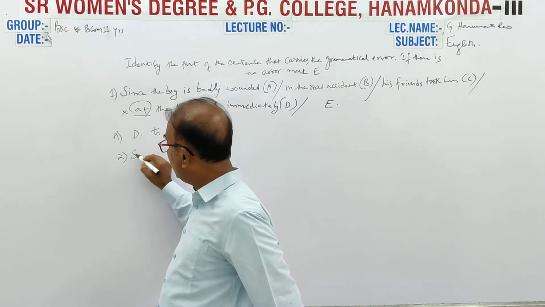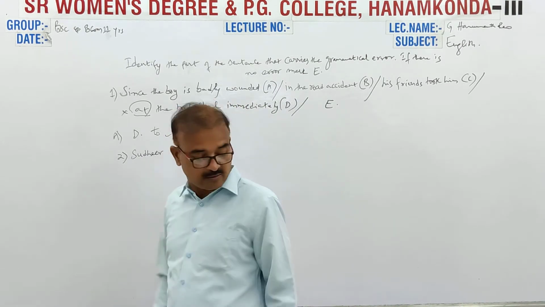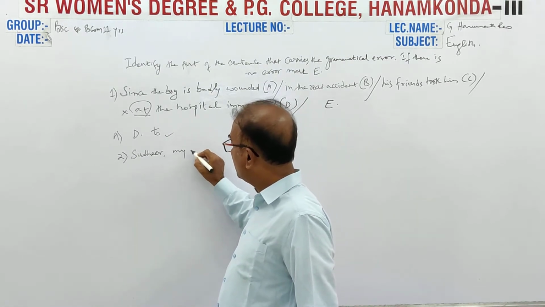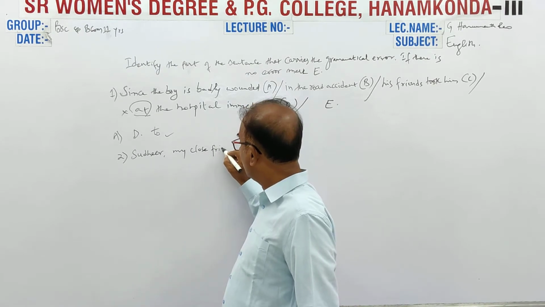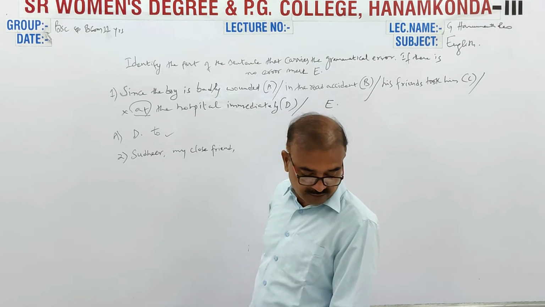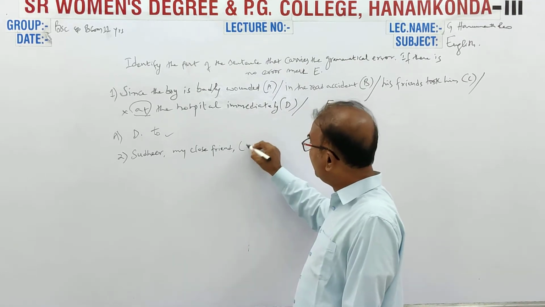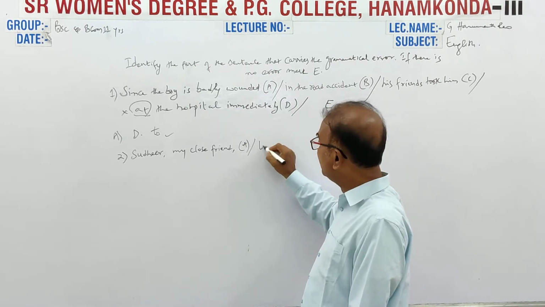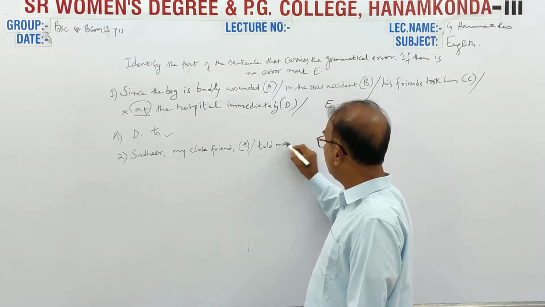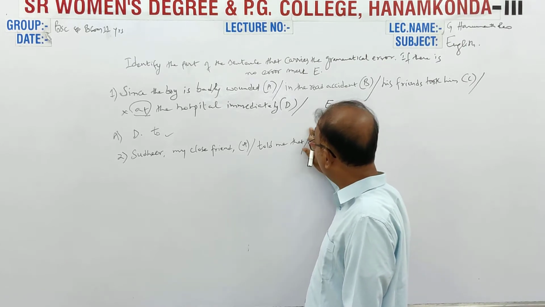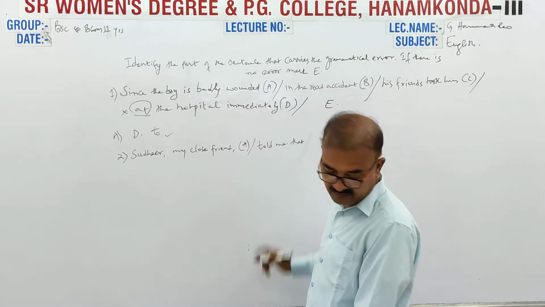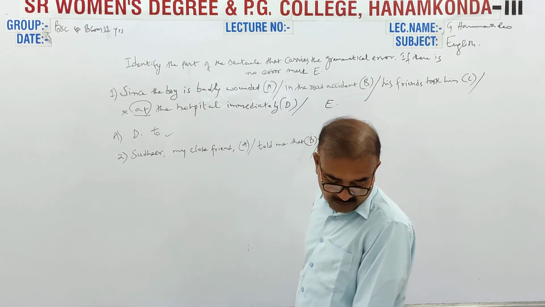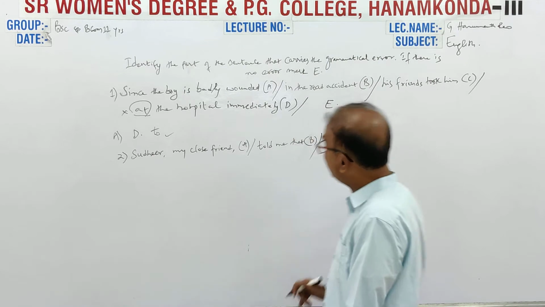Second sentence. Sudhir, my close friend, this is part A. Told me that, this is part B. He would come to Warangal on next Sunday.